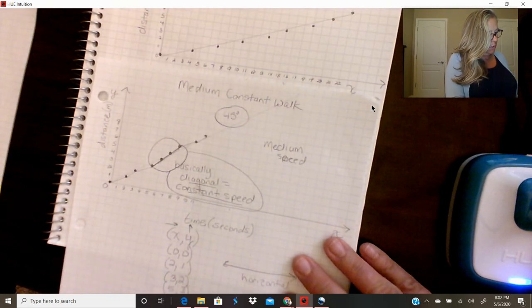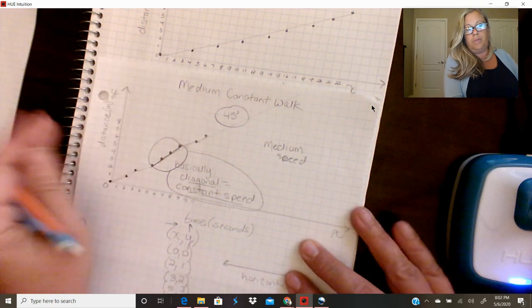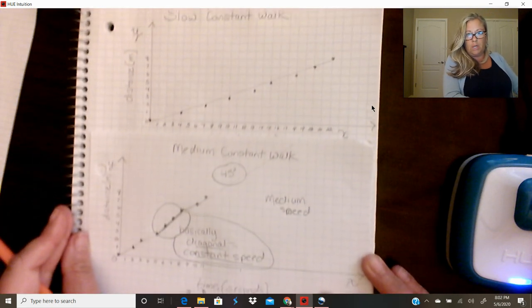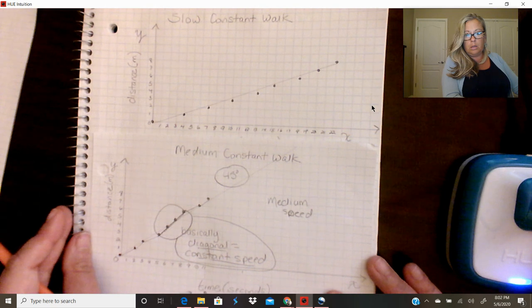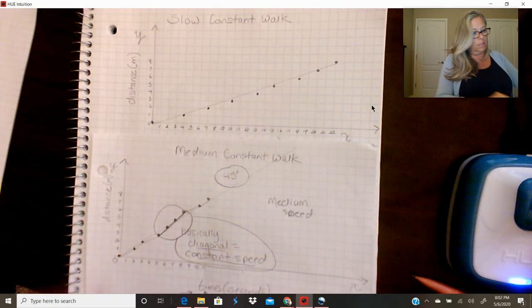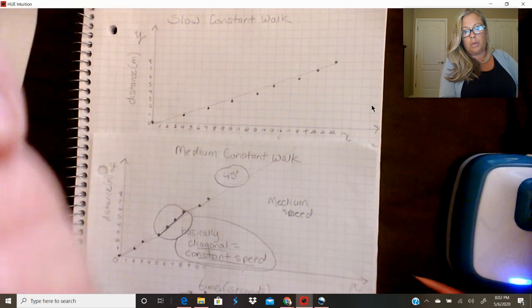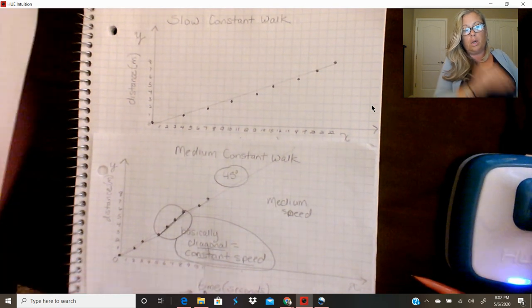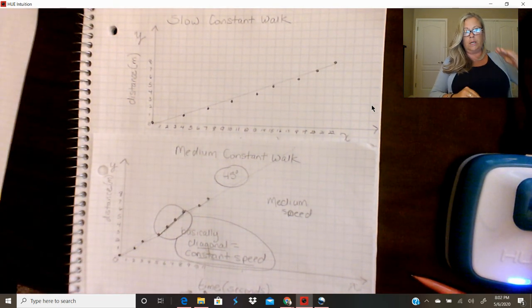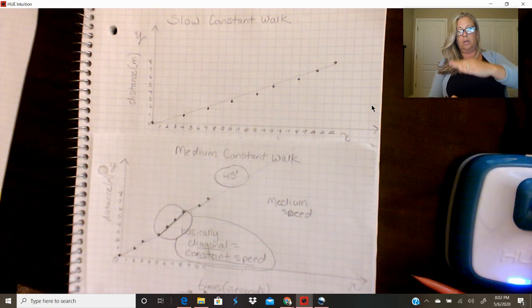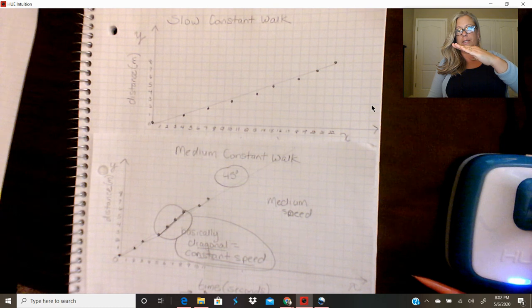All right, do you notice that the medium constant speed is not as flat as the slow constant speed? Okay, let me see if I can make this a little bit less blurry, a little sharper. That's a little hard to do. All right, so do you notice that the slow constant is kind of flatter and the medium constant is a little steeper of a slope?